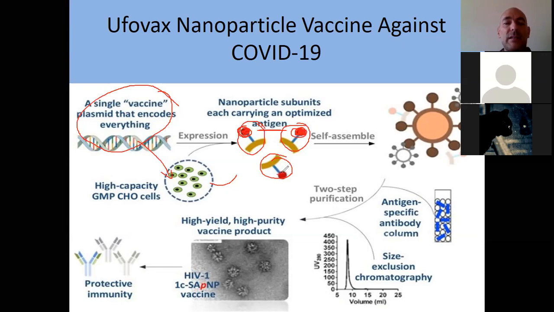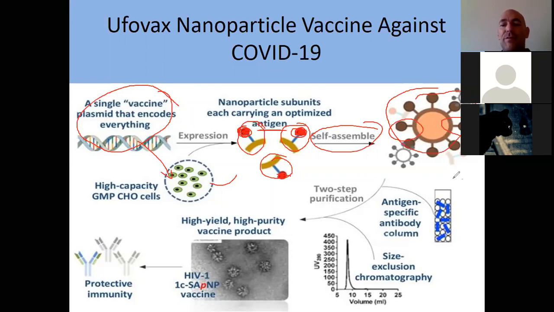Now, this company here can design these units to have any kind of antigen. So they developed these units here for coronavirus. And what is also interesting is that these units can assemble themselves to make a nanoparticle, okay? So they create this little block and then they assemble this block into a nanostructure.